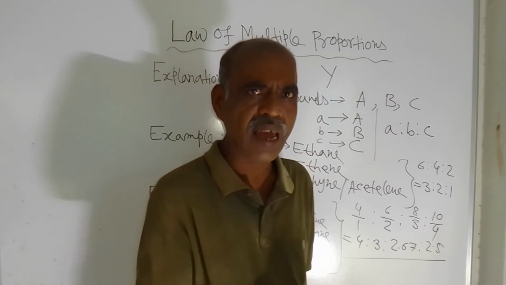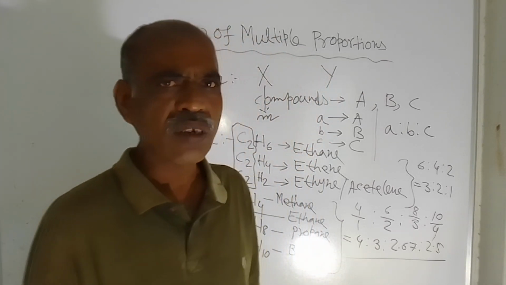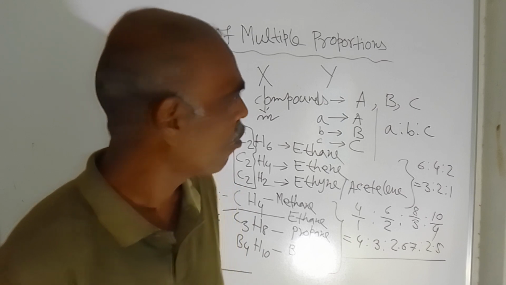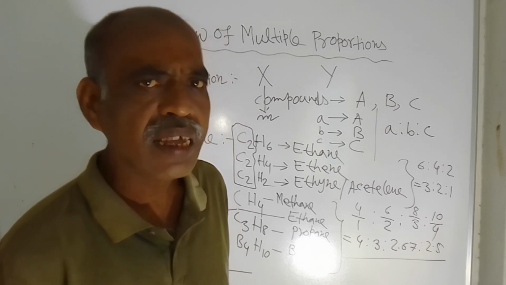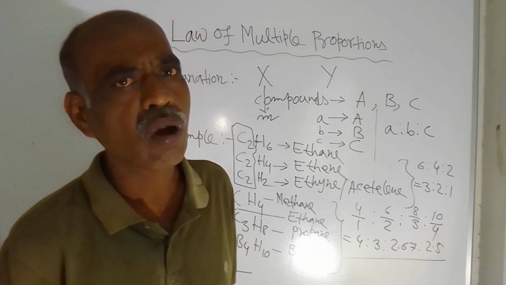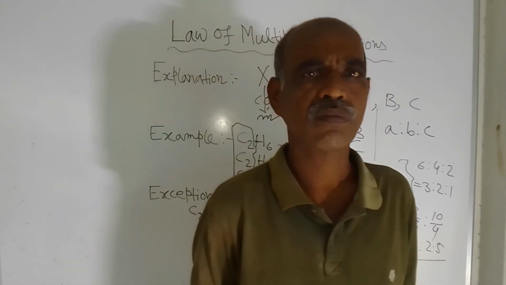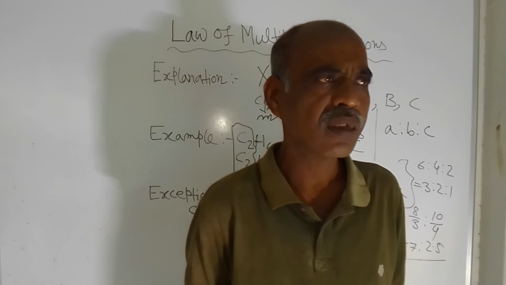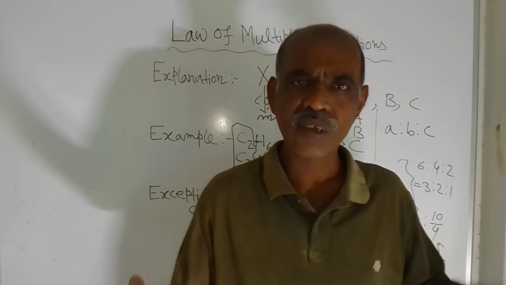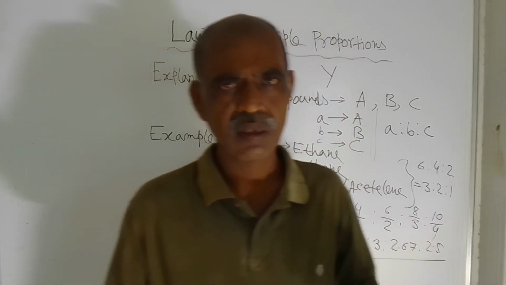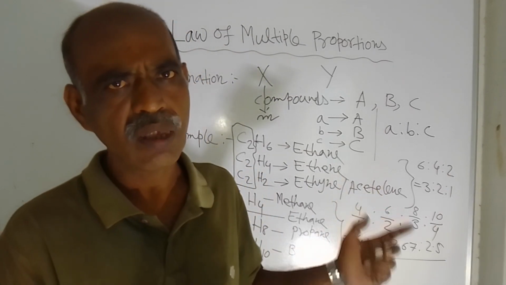You can easily understand that this is not a simple ratio. Therefore, this is the exception to the law of multiple proportions. Okay, I think this law is very easy to understand.